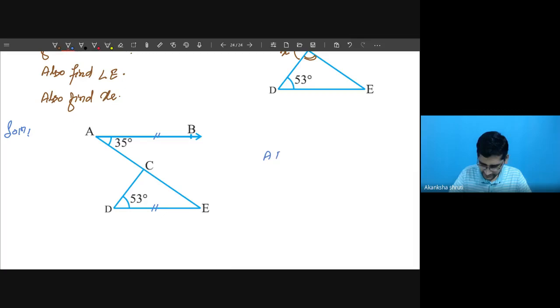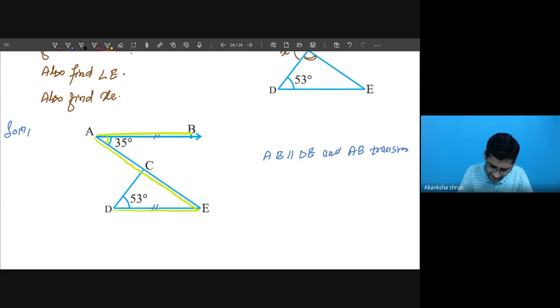So AB parallel to DE and AE transversal. Let me redraw it with a different color. Please pay attention, student, to what we want to say. Here also you see, this line is parallel to this one and this is a transversal of it. Are you getting it like this? So what will happen, whatever this angle 35 degrees is here, the same will be this angle.